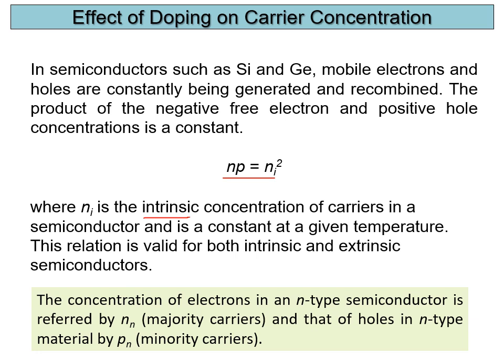The concentration of electrons in an N-type semiconductor is referred to as nn, the majority carriers, and that of holes in N-type by pn, the minority carriers.